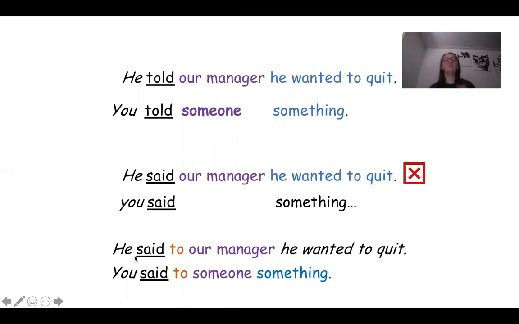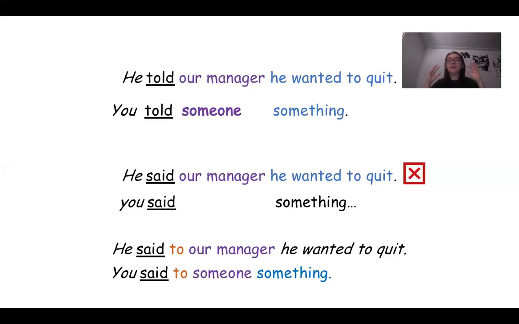So when we use tell, the verb, it automatically lets the person listening, in native speakers, hear the word tell, and they're like, okay, when you use tell or told, you wouldn't say he told to our manager.